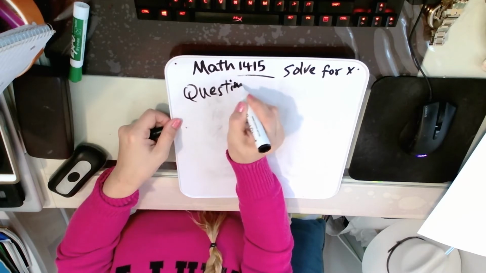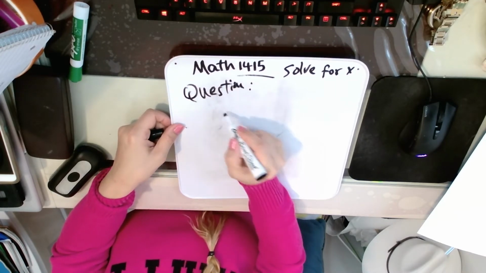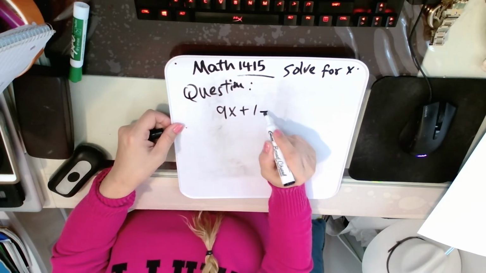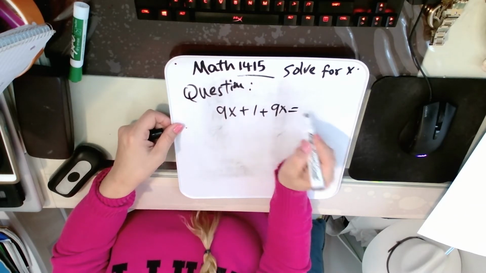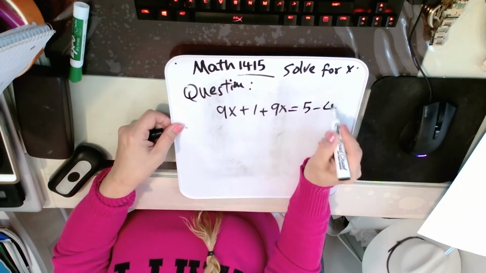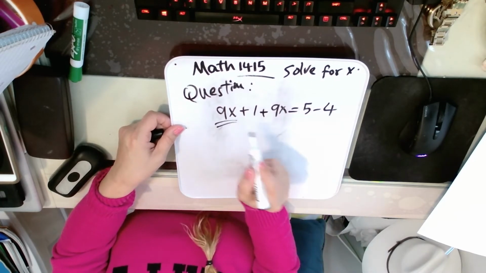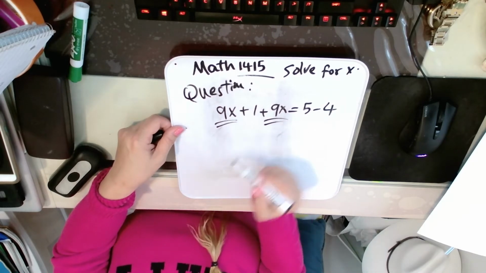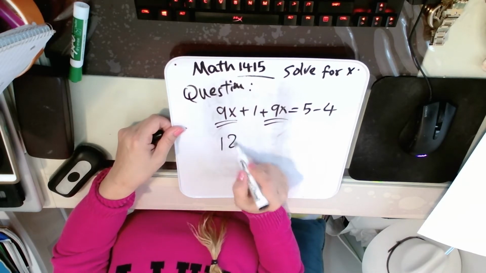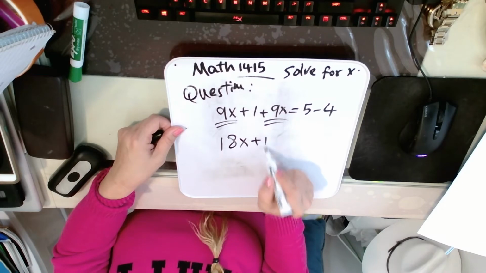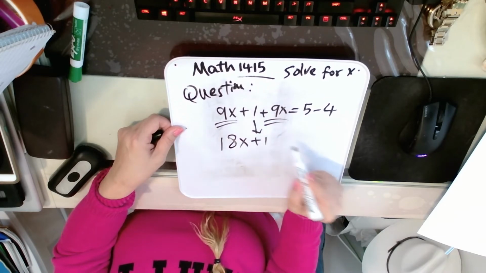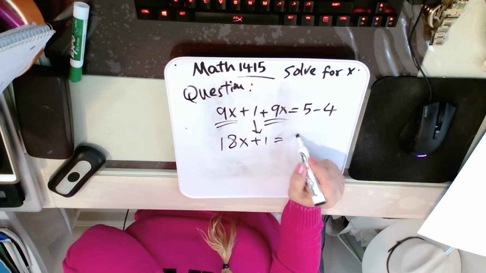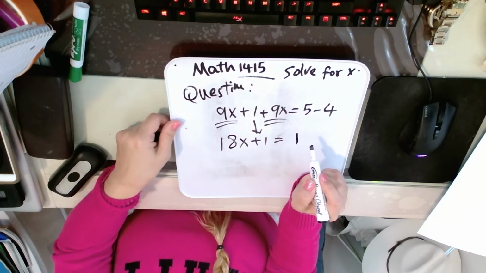Question. 9x plus 1 plus 9x equals 5 minus 4. Did you see 9x here and plus 9x here? So add them together. 18x plus 1 equals 5 minus 4, 1, right?